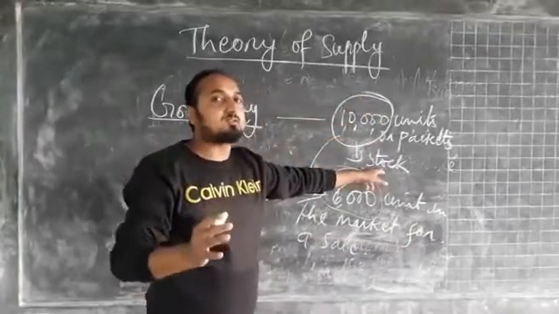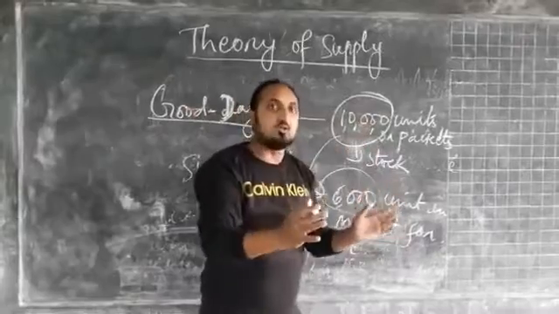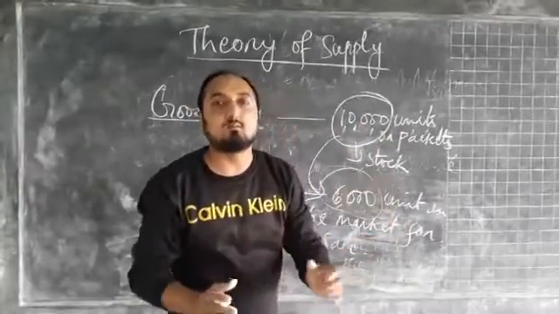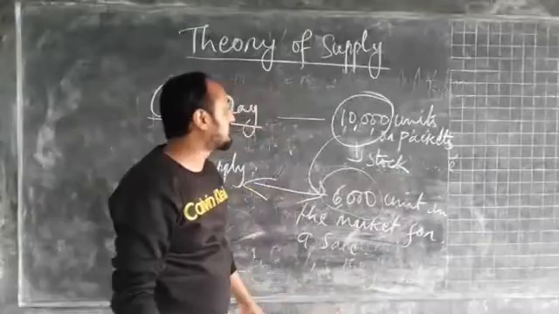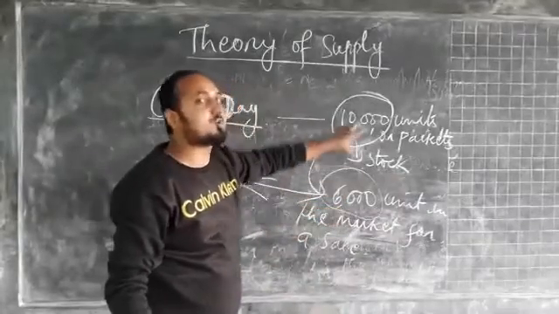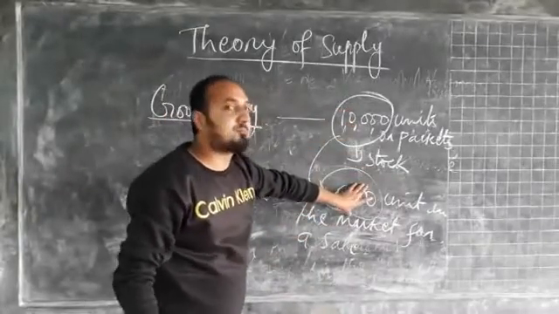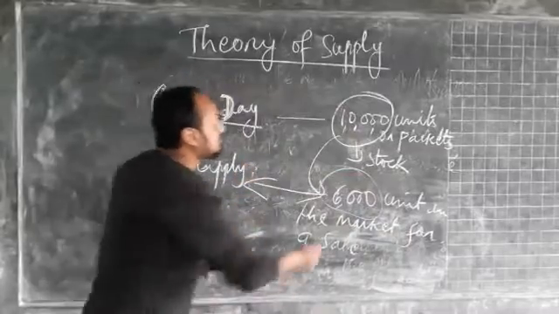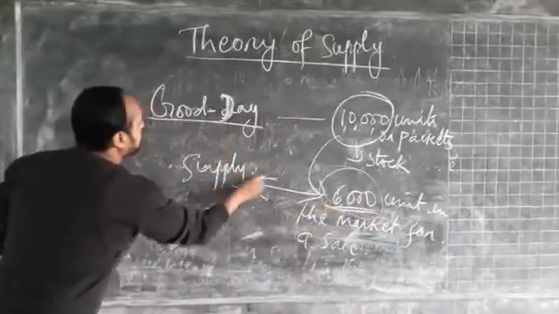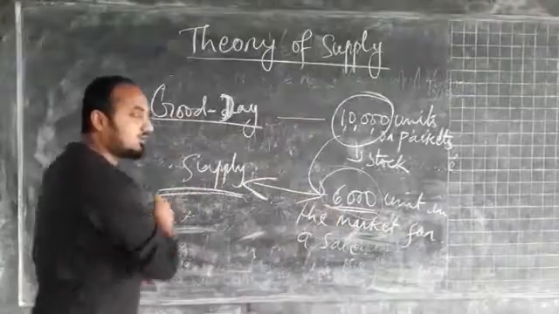And supply means how much part of that stock the producers are bringing into the market for sale. So here we have considered the example of 6,000. Out of 10,000, 6,000 they are bringing into the market for sale. So this 6,000 units can be considered as supply of a commodity.